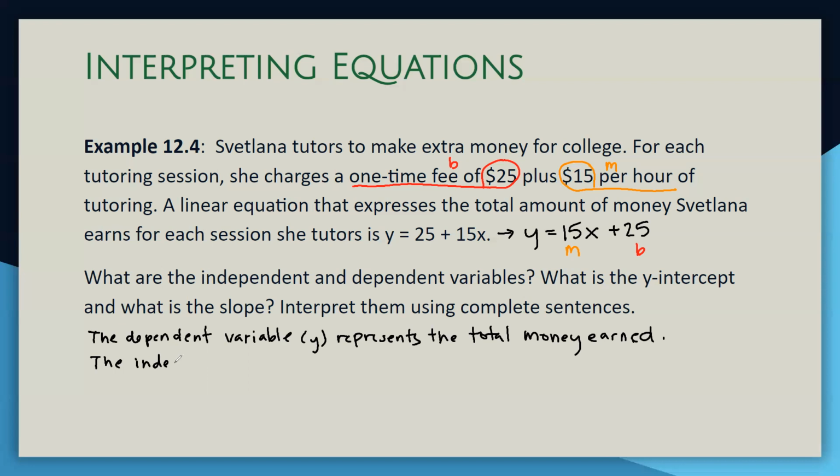And then we need to describe the independent variable, or independent variable x. And then we look back at the problem, and it says for each tutoring session, she charges a one-time fee plus $15 per hour. So that independent variable that's determining how much money we make must be the number of hours that she tutors.